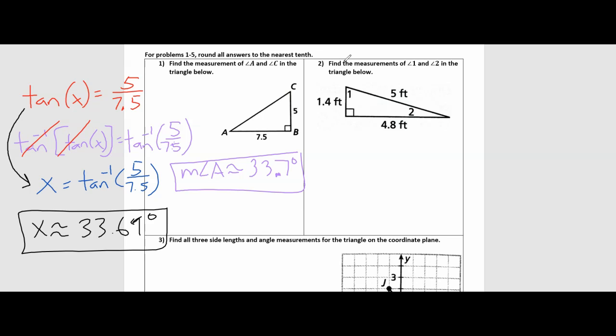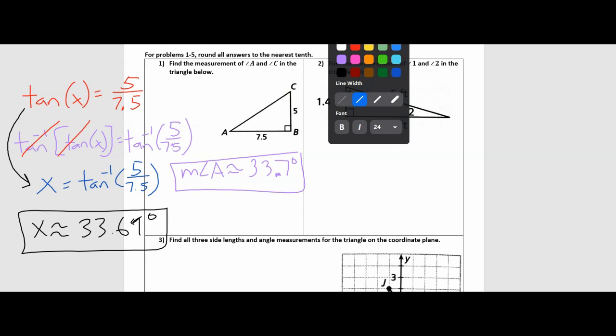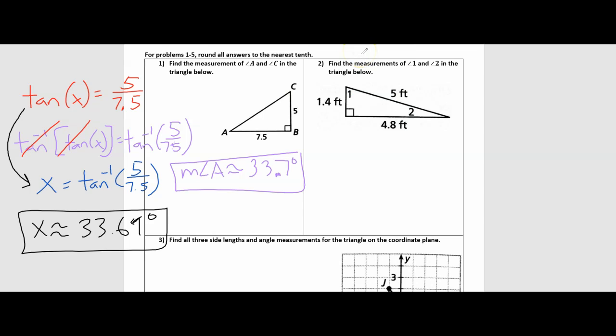Now, to find the measurement of angle C, you could certainly use trig again. However, I think there's probably an easier way, and that's just using the triangle sum theorem. I know that all three of these angles have to add to 180 degrees. So measurement of angle C plus 33.7 plus 90 is equal to 180.